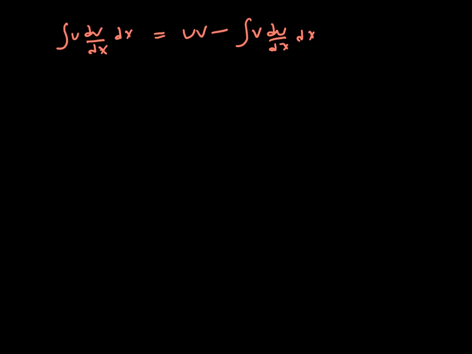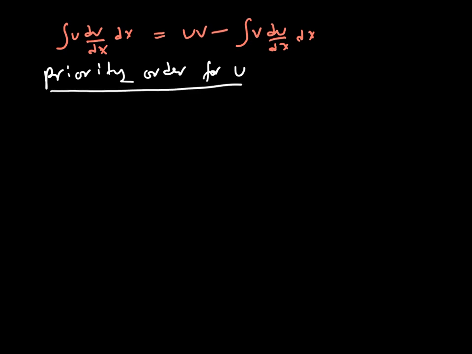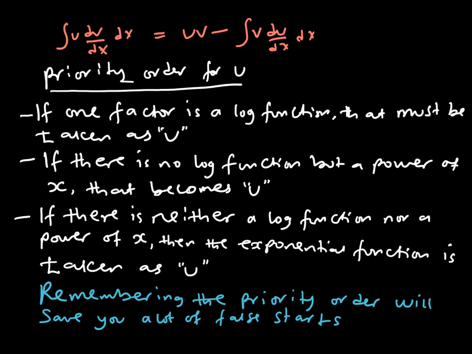So let's write down something that will guide you in the future on how to select u and how to select dv by dx. So we put here priority order for u, which function to call u and which function to call dv dx. This will always guide you on what factor to call u.